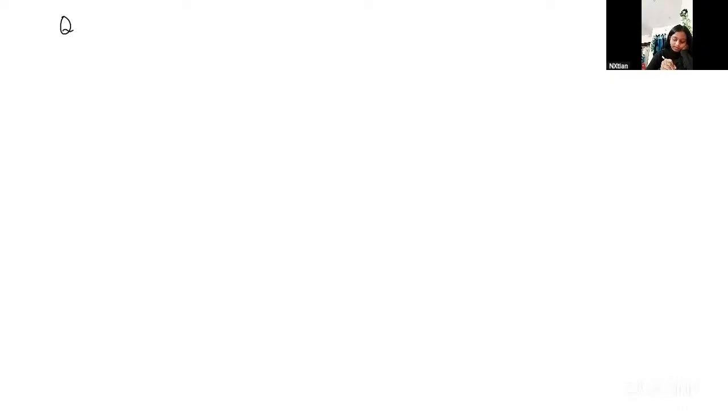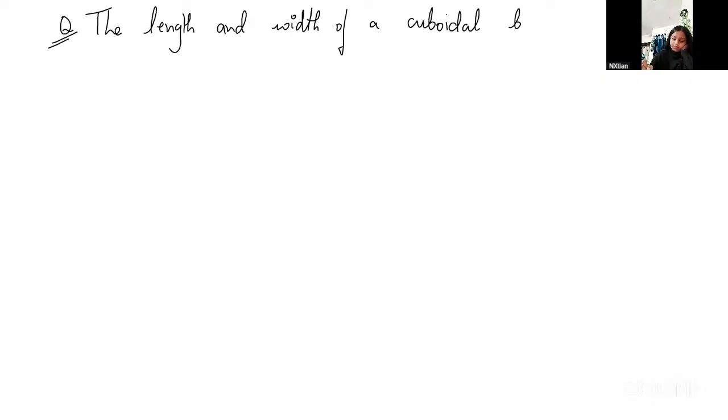Question. The length and width of a cuboidal box are 6 centimeter and 3 centimeter.